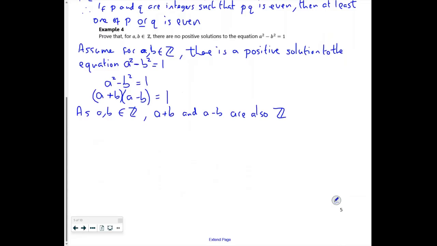Let's set A plus B to be 1 and A minus B to be 1. If we do that, which is a bit weird, this one, isn't it? It's the solutions to it. So I'm trying to solve this. So if I do that, I get A is 1, I get B is 0.